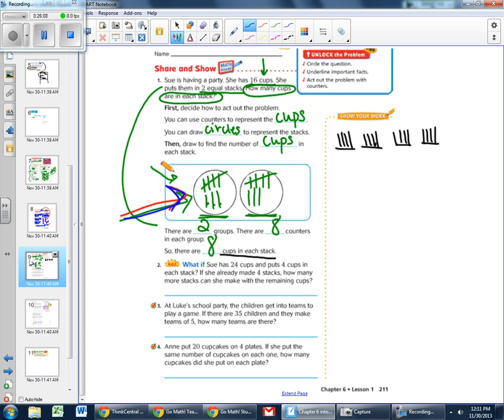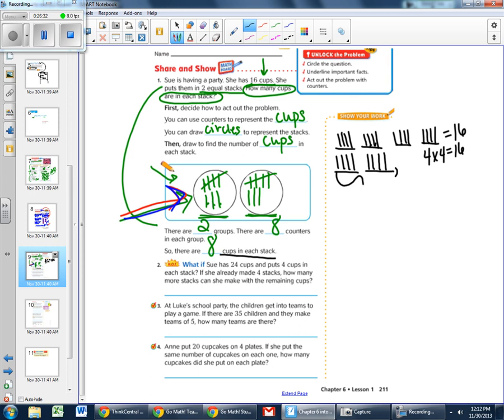Okay, 4 plus 4 is 8, plus 4 is 12, plus 4 is 16. I have 4 stacks of 4, which is 16. Now I have to figure out the difference between 16 and 24. So I can just keep adding stacks of 4. 17, 18, 19, 20, 21, 22, 23, 24.